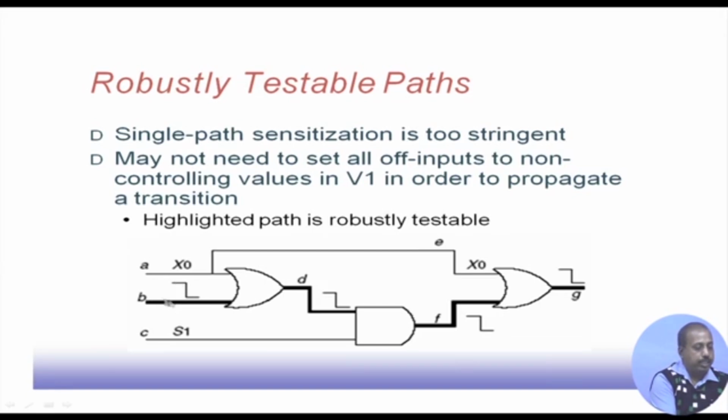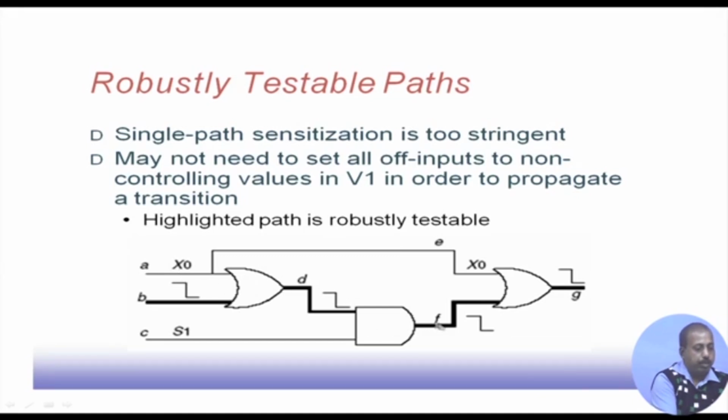When I set the line to high, this line A need not be set to any value. So this can be x, whereas this line C has to be set to 1 always. So this is a fixed 1 that will be required, but for V1, the first vector, the B line is 1, the C line is 1, and the A line need not be set to any value. So that gives us flexibility.